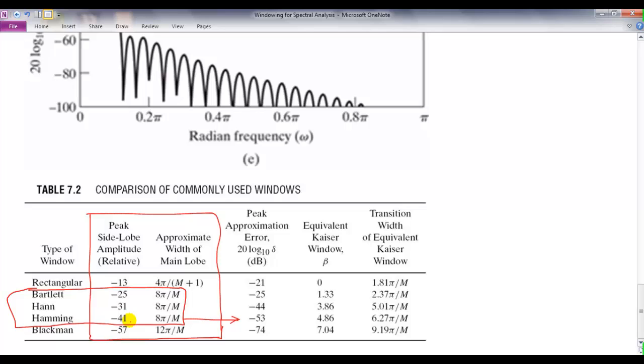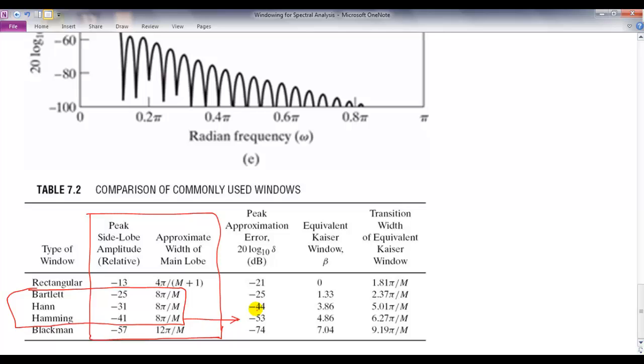Now we are on a dB scale, that's a big number. So we are 44 dBs below, but at the same time we are losing a factor of 3 in main lobe width. And it all depends upon the design specification that you want to follow, depending upon which window you want to use. Okay.